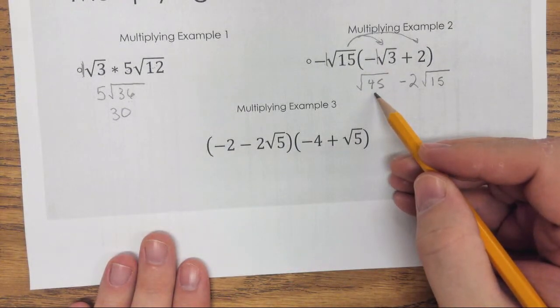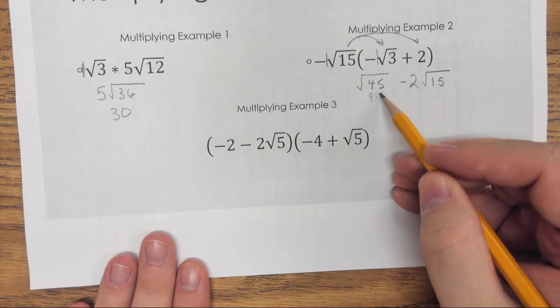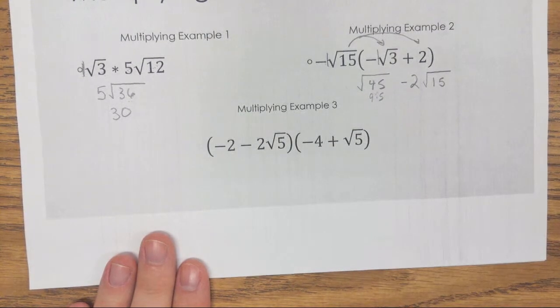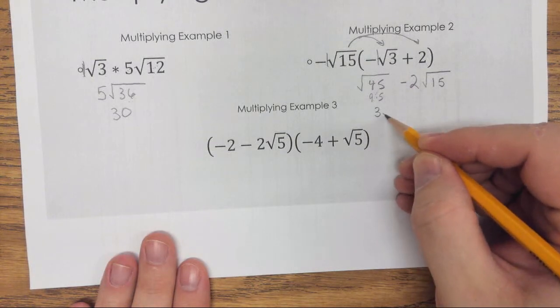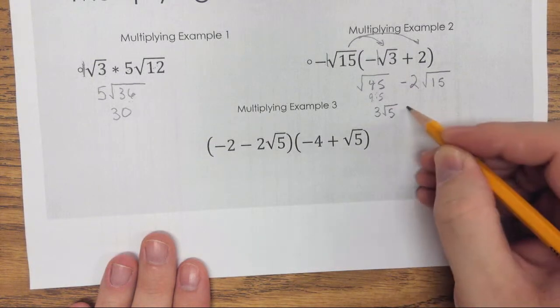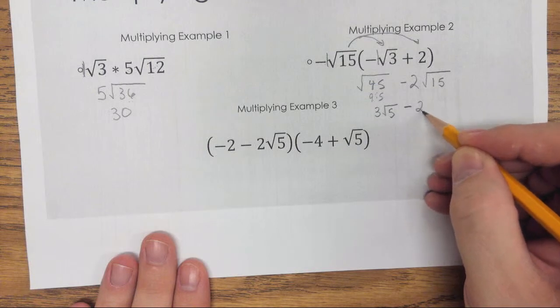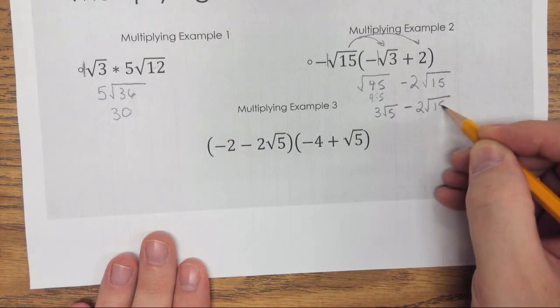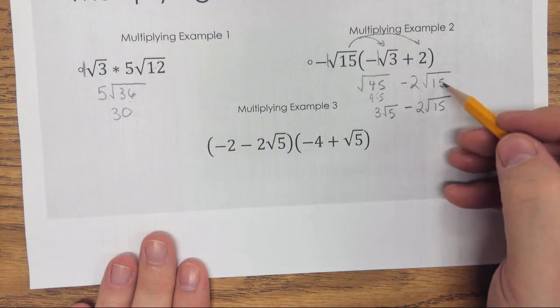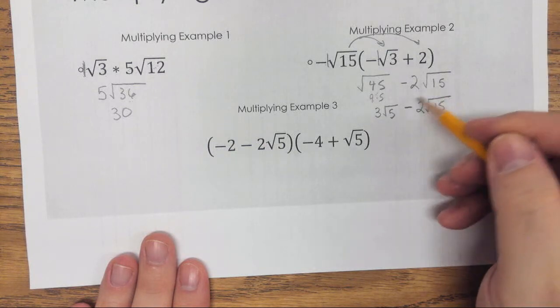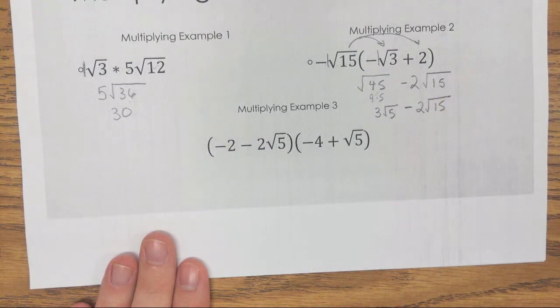This 45 is 9 times 5, which 9 is a perfect square, so that's 3 radical 5 minus 2 radical 15. 15 breaks down into 3 and 5. Neither one of those are perfect squares, no pairs, anything like that. So there we go. We can't get any simpler than this. Final answer. All right. Okay.